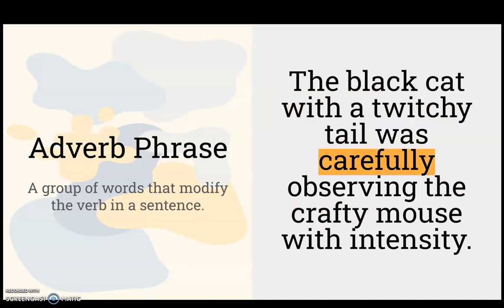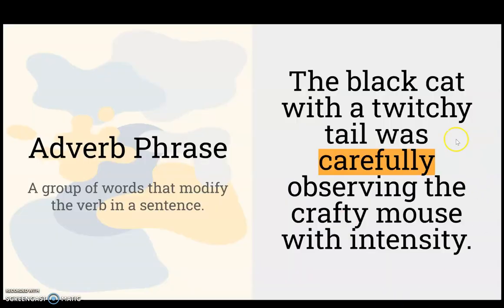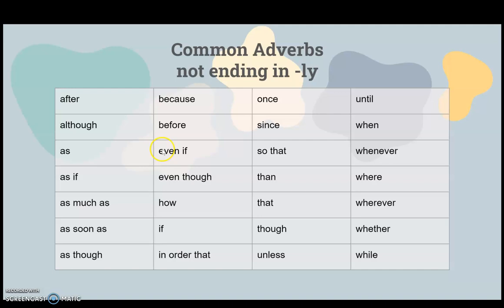You can also have an adverb phrase which modifies the verb in the sentence. So was carefully is modifying the way that the cat is observing. When we talk about adverbial phrases, they often end with ly, so carefully. But there are also some other types of adverbs. They are often describing when things happen in a sequence, maybe cause and effect, things like that.